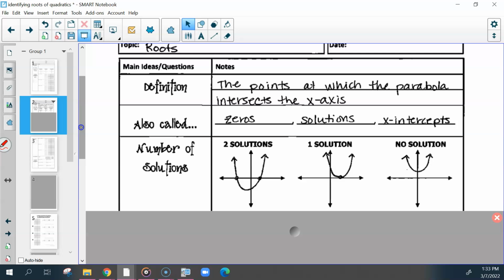The point at which the parabola intersects the x-axis, your roots, also called zero solutions, x-intercepts. So if it has two solutions, it's going to cross the x-axis twice. If it has one solution, it's going to touch the x-axis and either go up or down. But if it has no solution, it will not touch the x-axis at all.